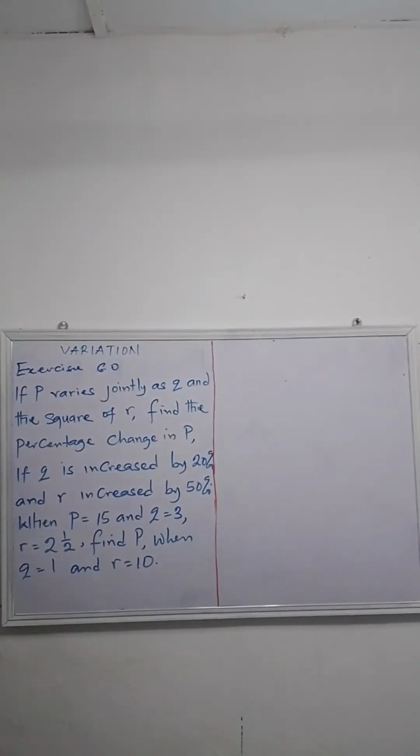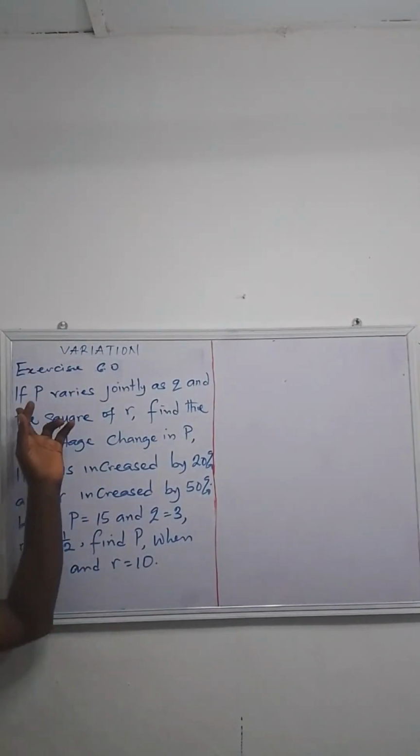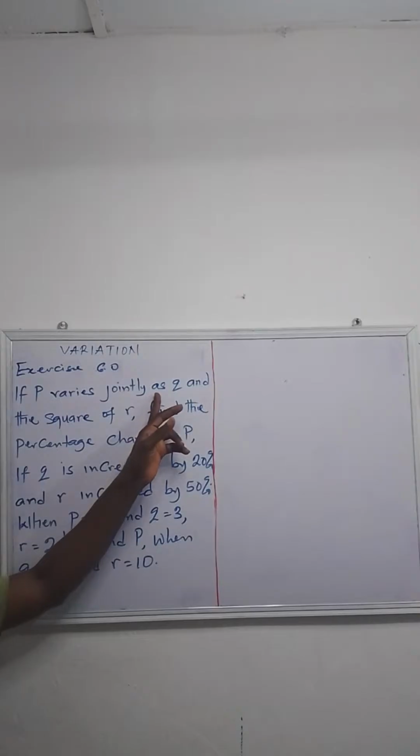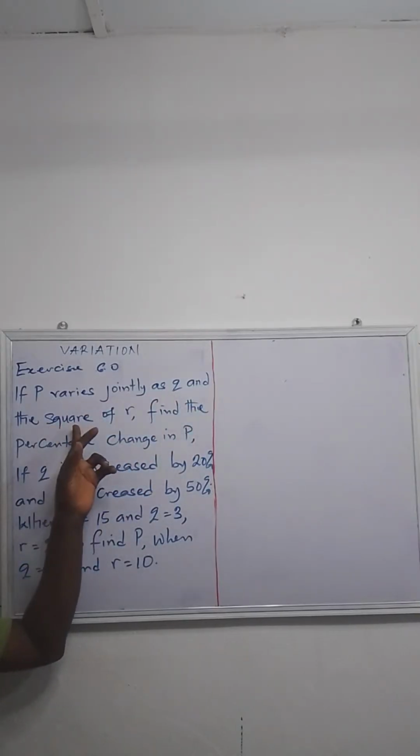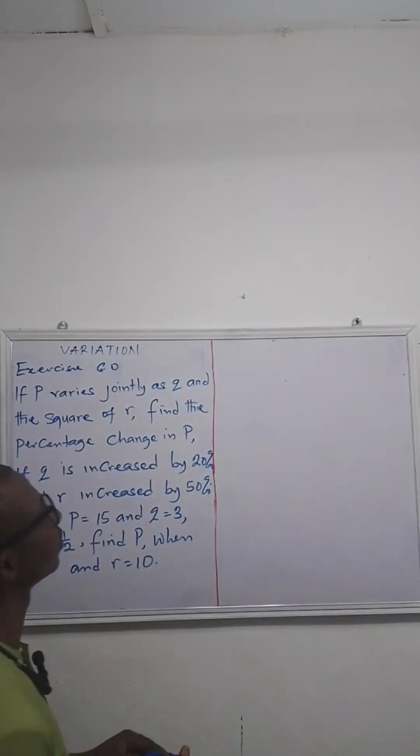So how do we solve this problem? The first thing, let's look at the first phrase here: if P varies jointly as Q and the square of R. Can we write that statement out?